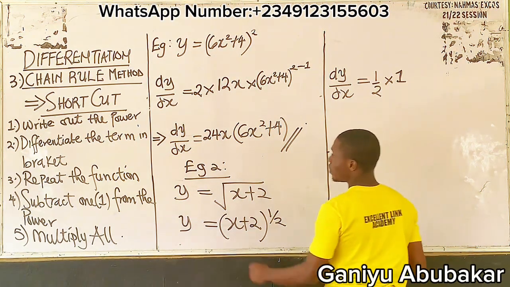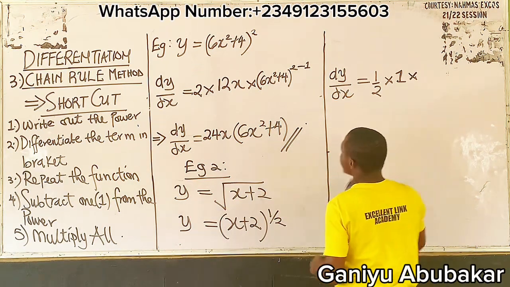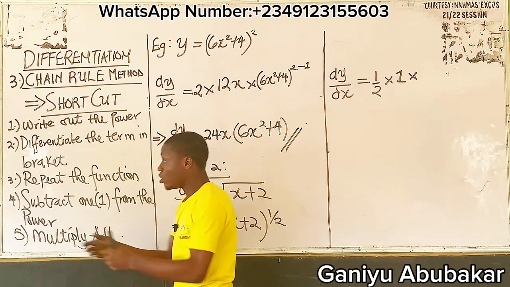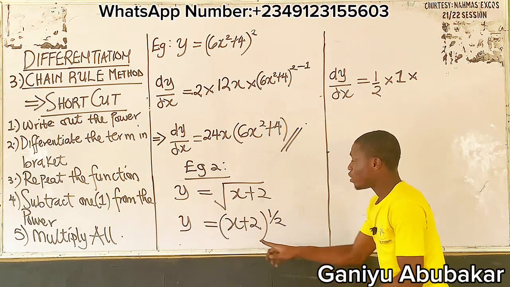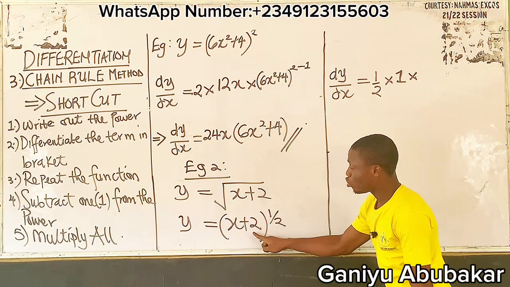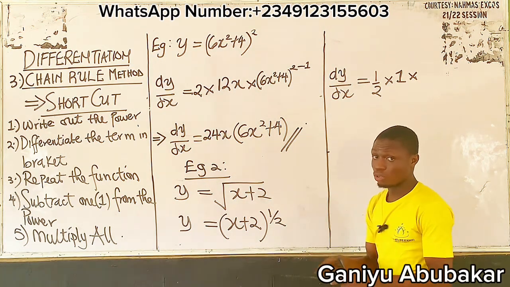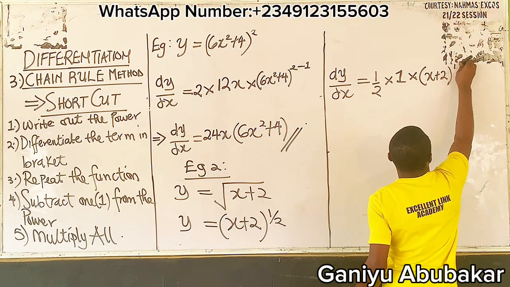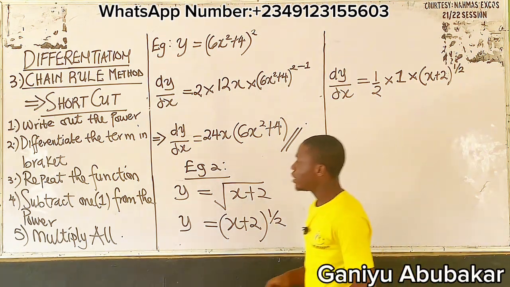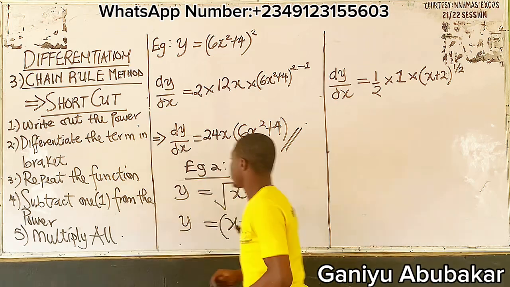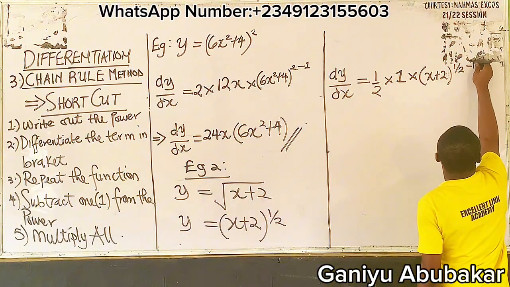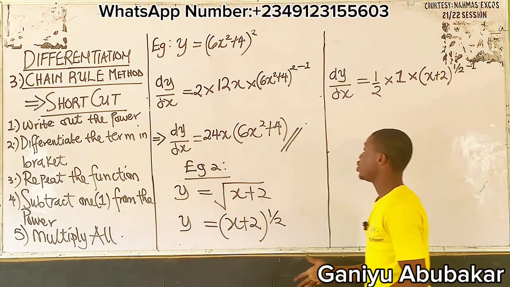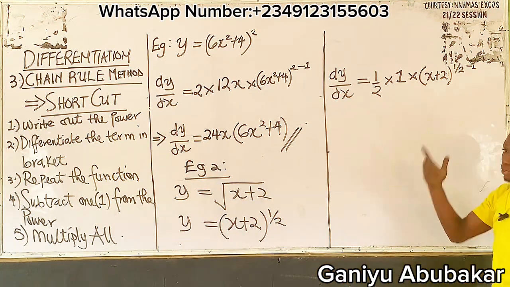I'm done with this, step 2 is off. Times. Step 3 says repeat the function, or the question. My function there is (x plus 2) to the power half. Finally, we said subtract 1 from the power, and then multiply all as I did initially.